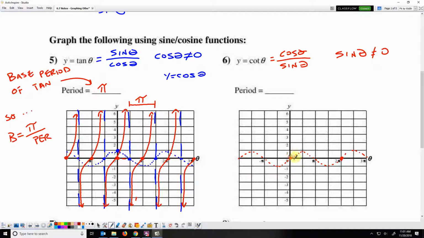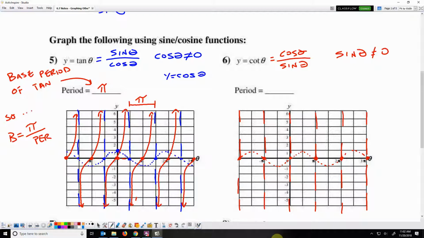Every time the graph touches its own axis, that's where it equals 0. And since it can't equal 0, that's where we're putting our asymptotes. So all that is going to help us build our graph.